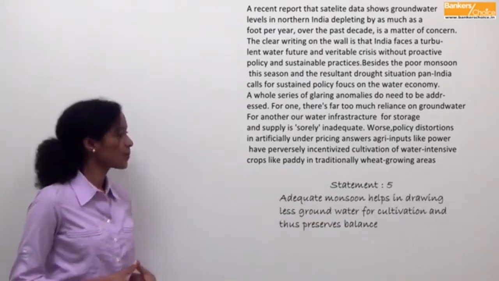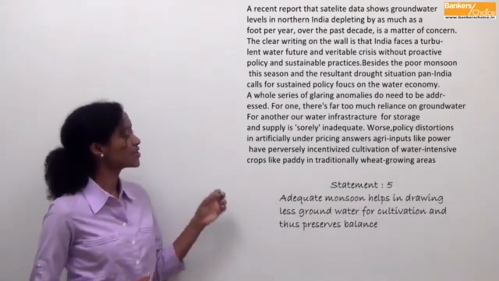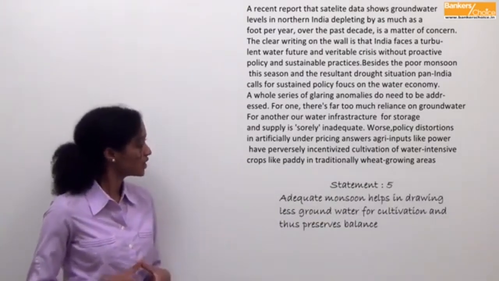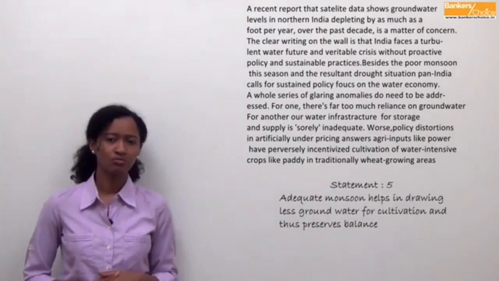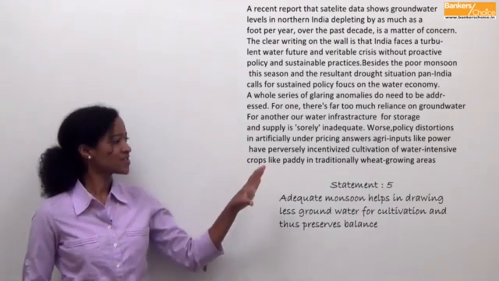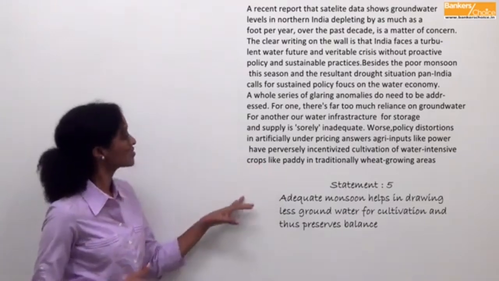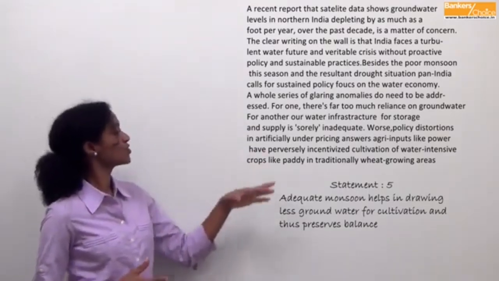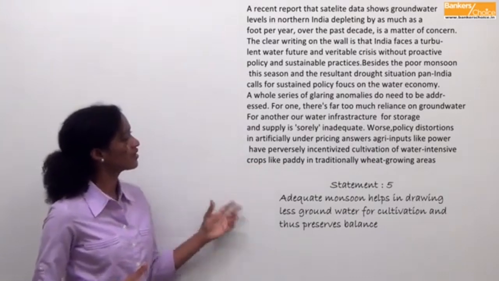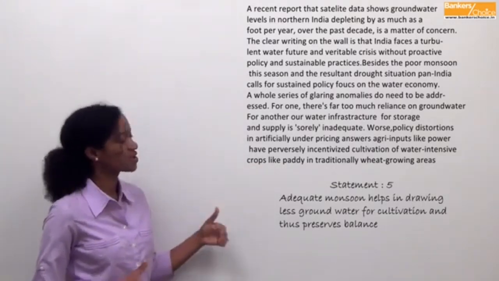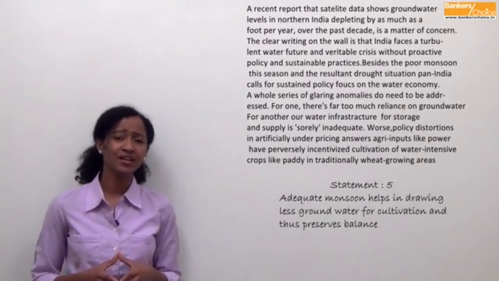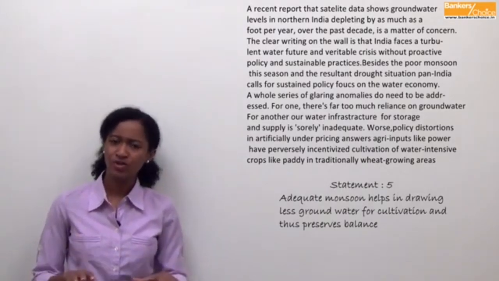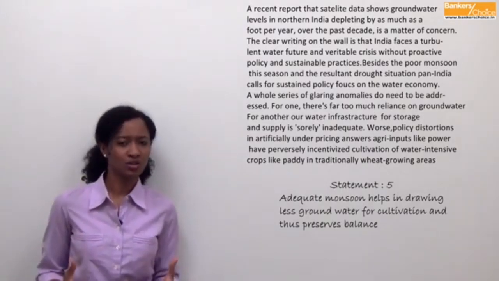The last statement says, adequate monsoon helps in drawing less groundwater for cultivation and thus preserves balance. Now, we all understand that in the passage we have some information around that, right? The passage says, besides the poor monsoon this season and the resultant drought situation, Pan India calls for sustained policy water measures. So, having said that, I know for a fact that with less monsoon, we rely more on groundwater.